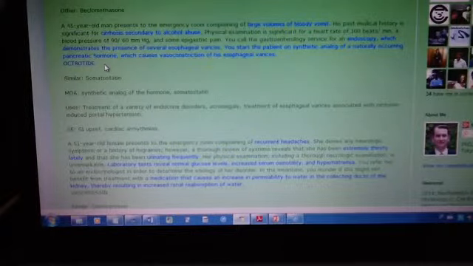Octreotide is used for endocrine disorders. It is similar to somatostatin, and the MOA is as a synthetic analog of the hormone somatostatin. It is used for treatment of a variety of endocrine disorders, acromegaly, and treatment of esophageal varices associated with cirrhosis-induced portal hypertension.